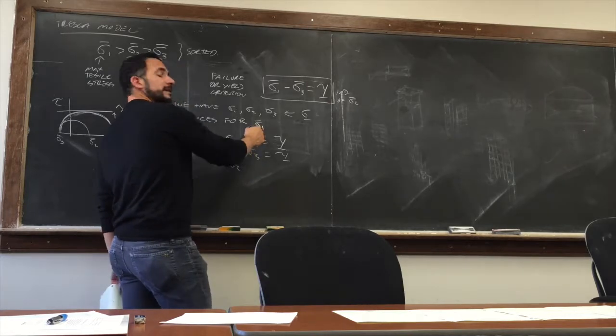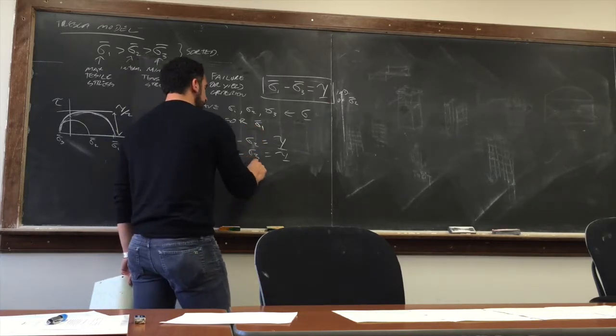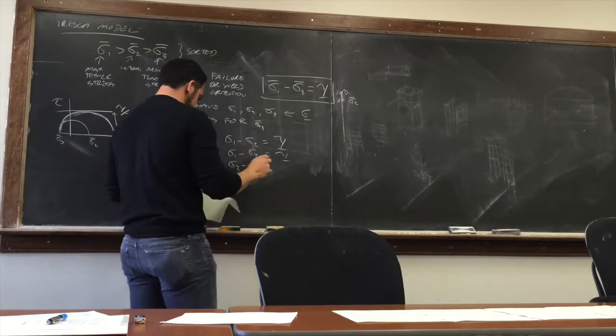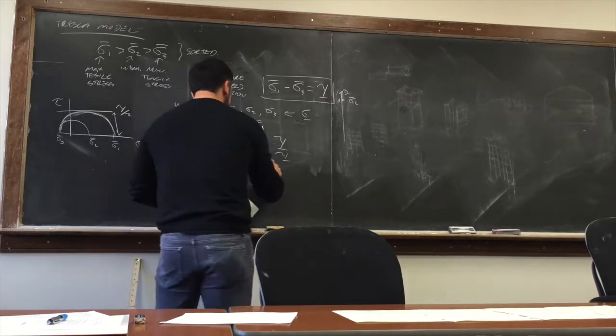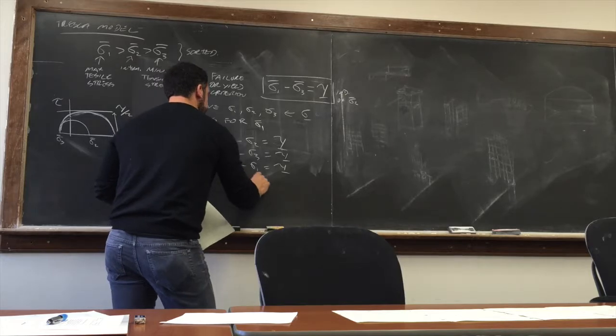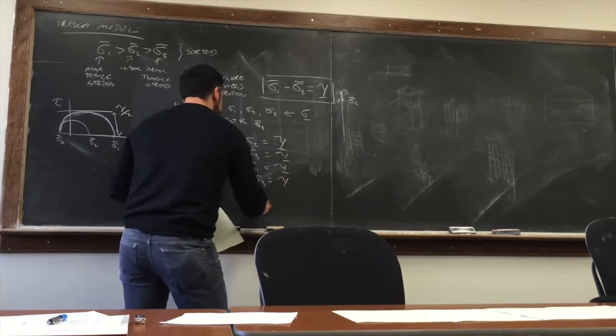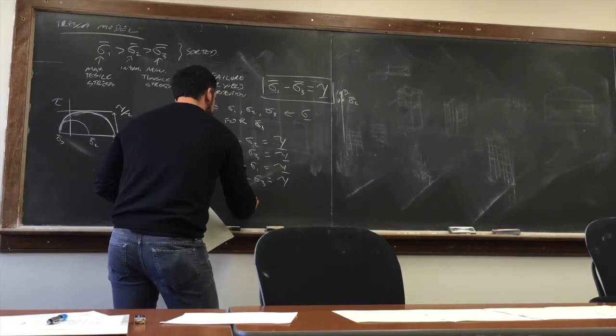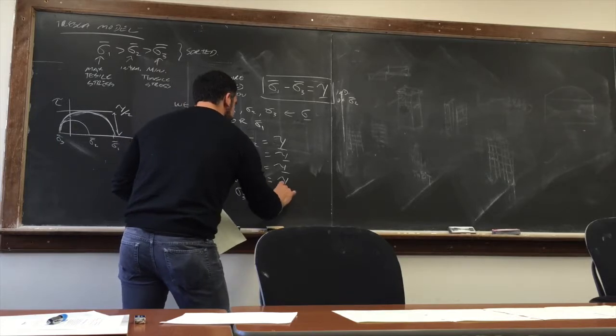Then sigma 2 could be sigma 1 bar. And do I take into account sigma 1? Yeah. Sigma 1 could be sigma 3 bar. Sigma 2 minus sigma 3 could be another possibility. Sigma 3 minus sigma 1.